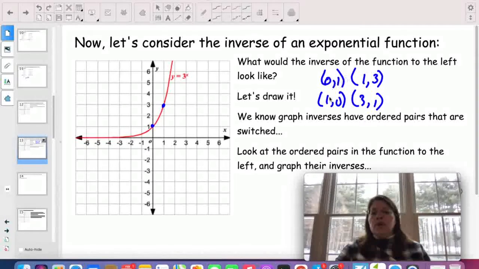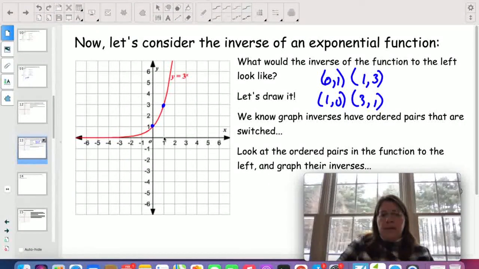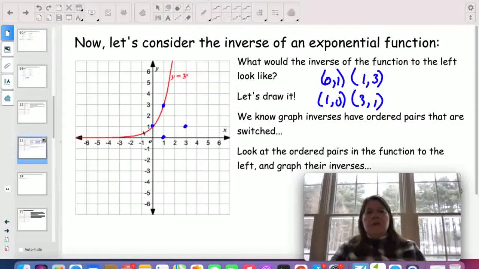So I'm going to take these two inverse ordered pairs and graph them. (1, 0) is the inverse of (0, 1), and (3, 1) is the inverse of (1, 3). And then notice here, when the exponential equation was drawn in red, it kind of hugs the x-axis. That's an asymptote, and it goes up infinitely, quickly.